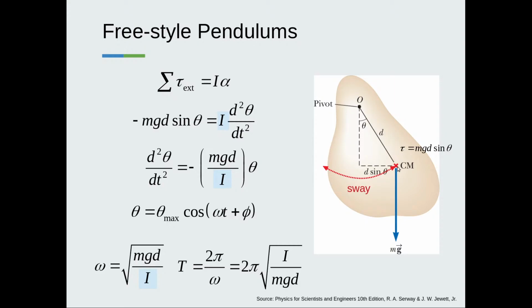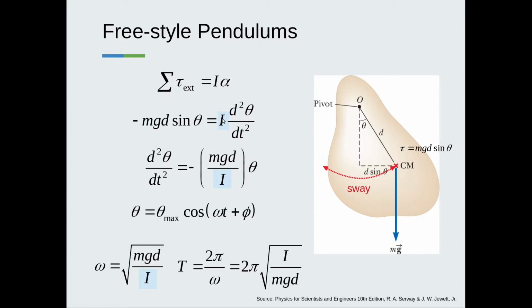Right. And here we just try to find the torque on it. So now we are using torque to analyze it. The torque is m, the gravitational force, and D. So D is the arm, mg is the force, and sine theta is how you take the tangential component of your force and convert it into torque.